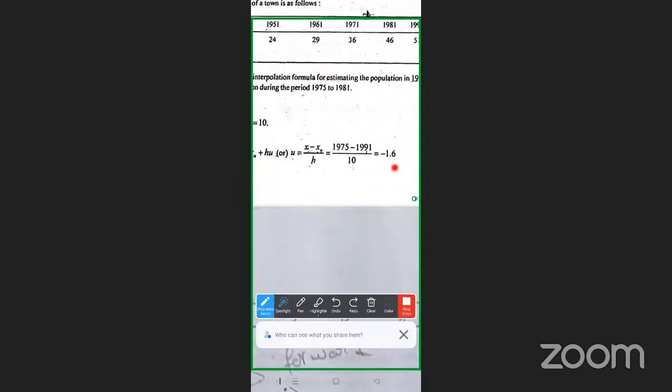H is the length of the interval, the difference between each and every interval, which is 10. So U is 1975 minus 1991 by 10, so U is equal to minus 1.6. So this is the U value.